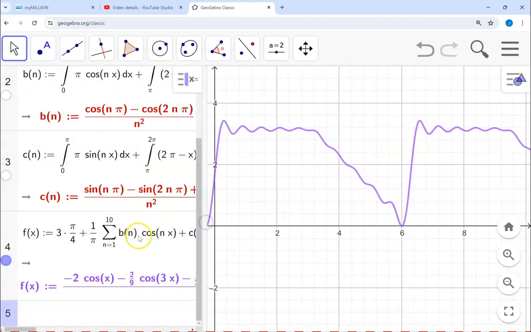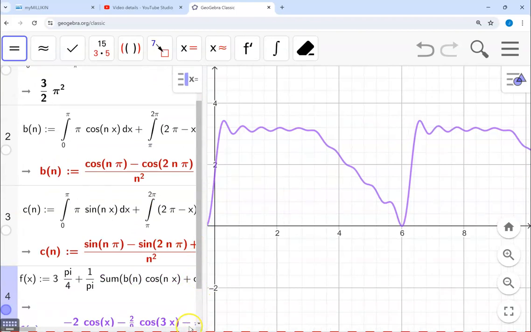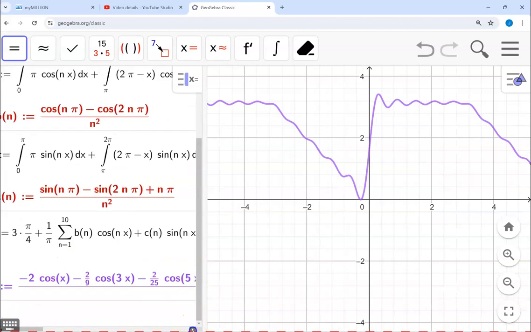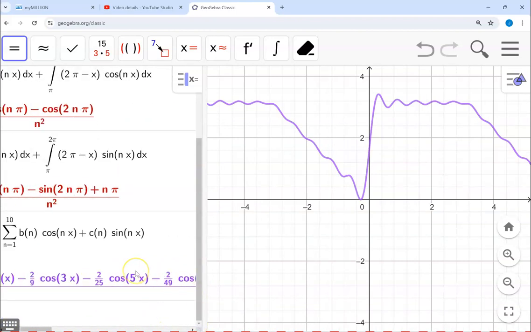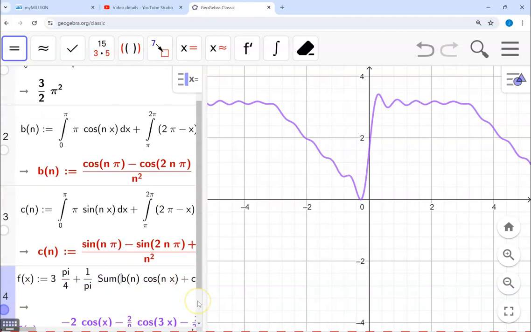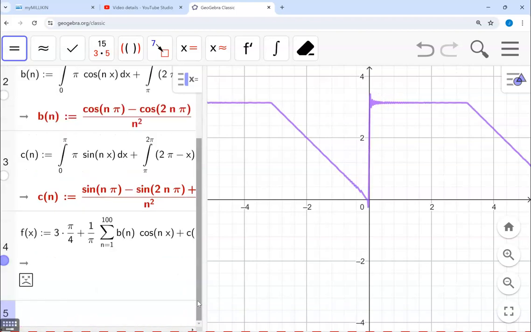So let me change it from 10 to 100, just because I can get it to scroll over. It'll take it a second to compute it, but there's a little bit better.